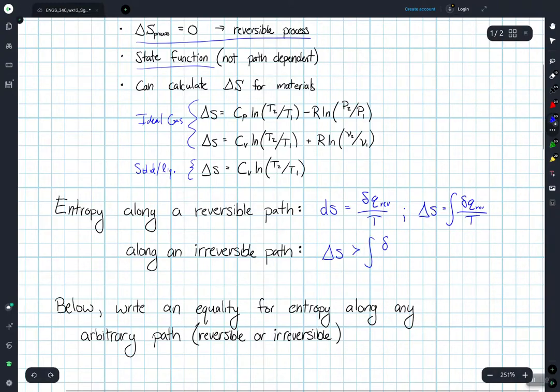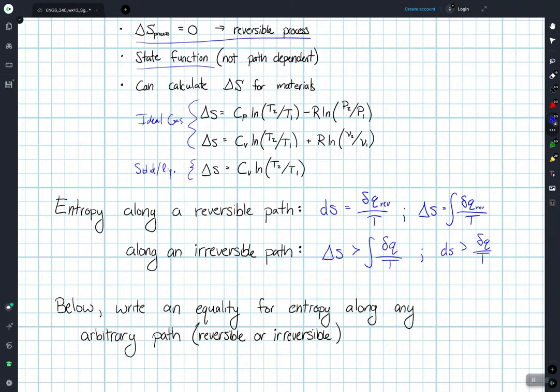Well, actually, for an irreversible, it's just greater than dQ over T. Or we could write dS is greater than dQ over T if our path is irreversible. So we flip from writing equalities, which we can along a reversible path, to writing inequalities.